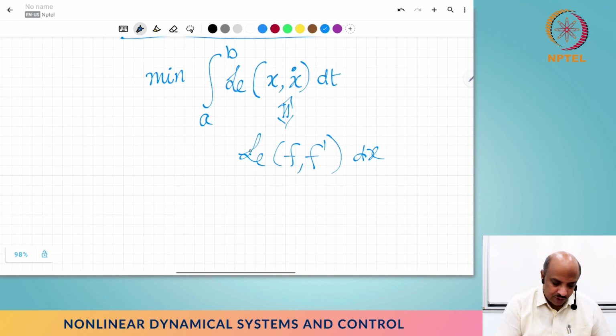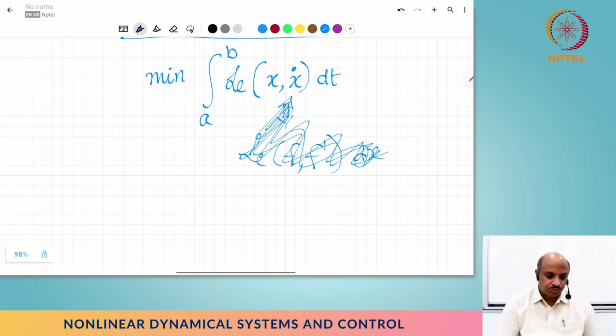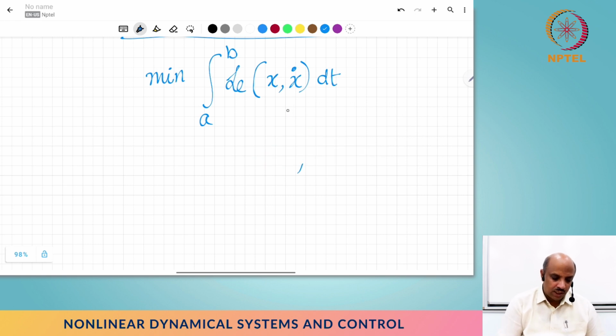So anyway, we will simply look at this particular problem and see what happens. For the time being, in my mind, I'm looking at unconstrained optimization problem. And hopefully you remember basically the technique that we did.